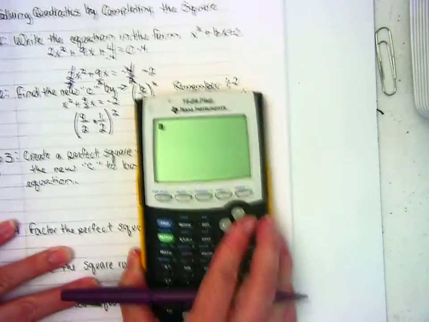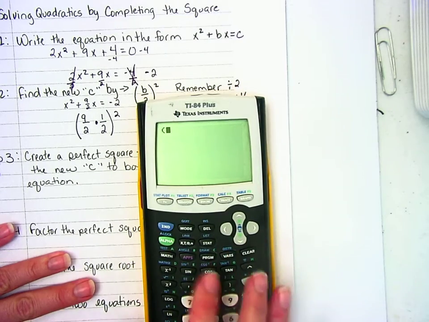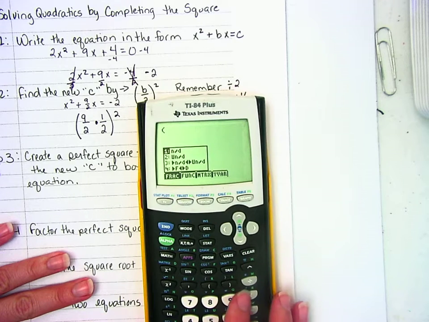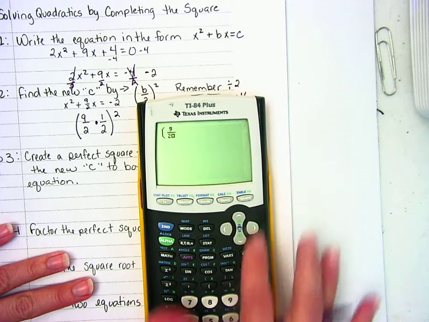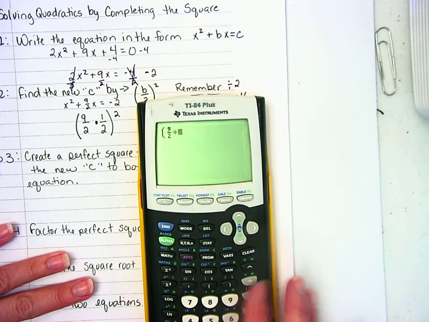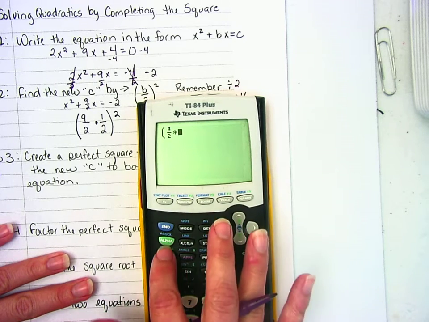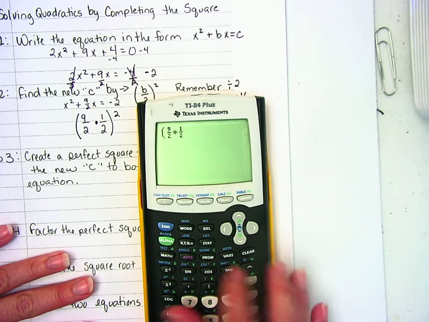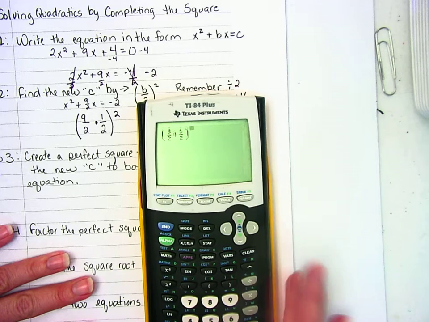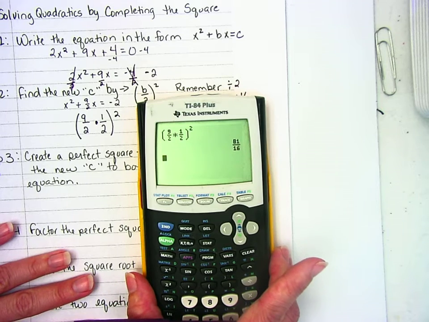In parentheses, open up as a fraction, 9 over 2, multiplied by another fraction of 1/2. I know that we can probably do this in our head, but I'm just reviewing calculator skills. Close the parentheses and then create a square. Press enter and I get 81 over 16.